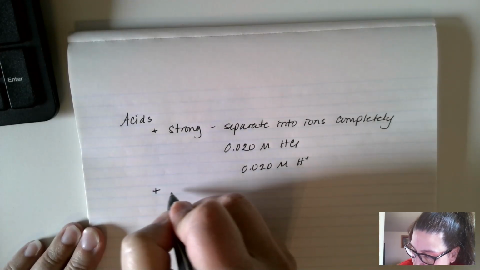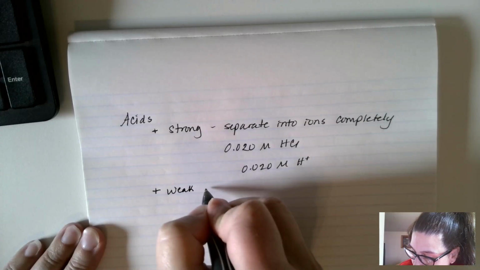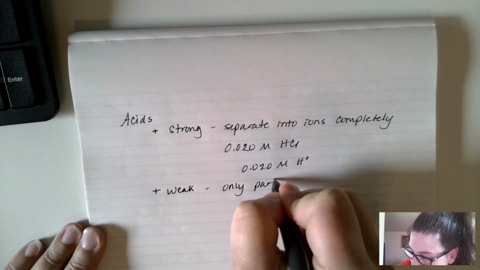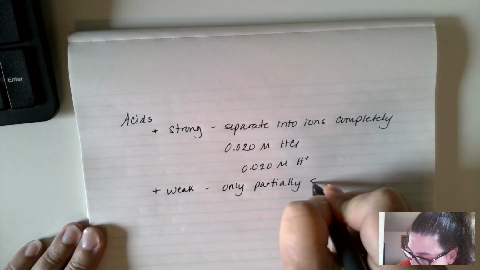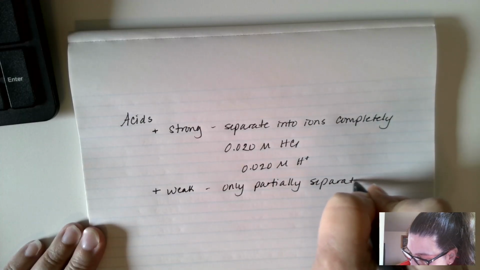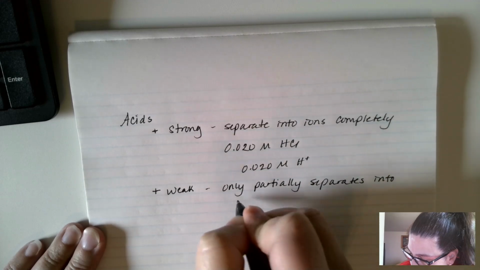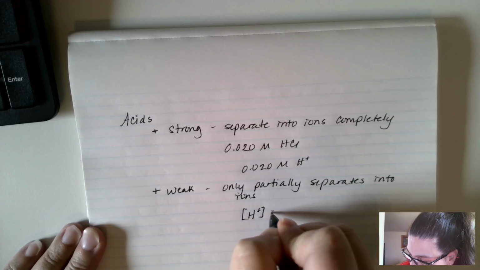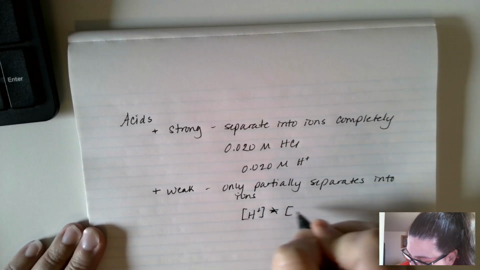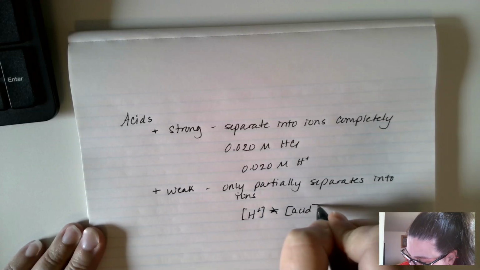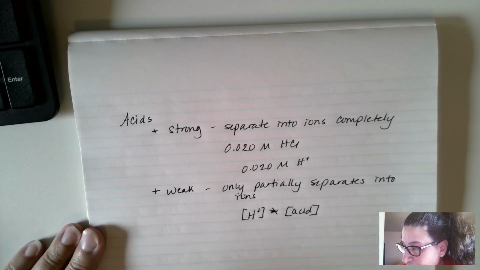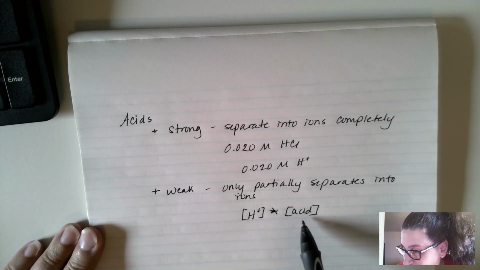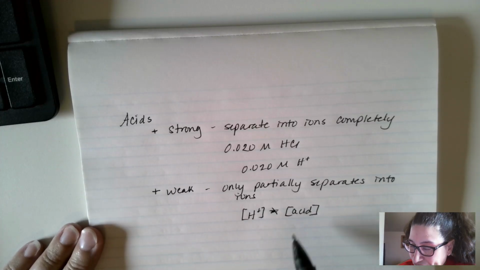Now, if it's a weak acid or a weak base, it only partially separates into ions. And unlike a monoprotic strong acid, the H+ concentration is not the concentration of the acid.